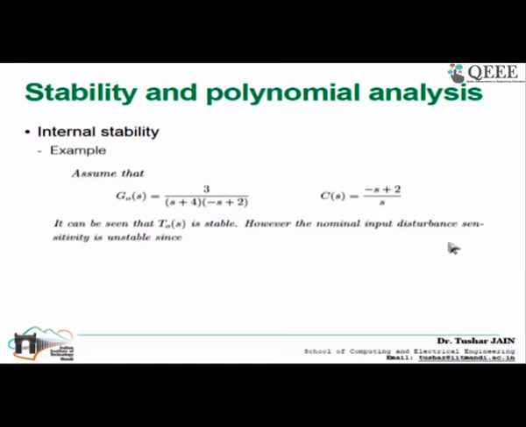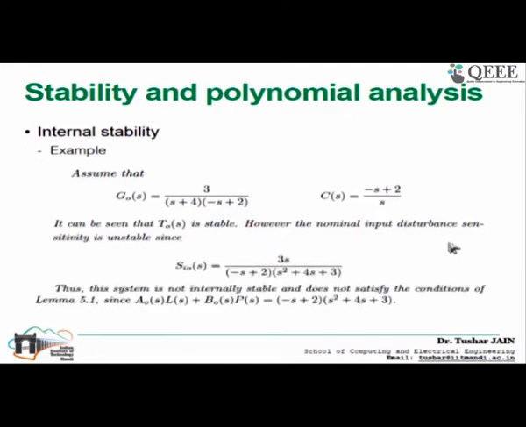The input disturbance sensitivity function S_IO within the gang of 4 has one pole on the right hand side, meaning that this system is not internally stable. You have to visualize all the 8 transfer functions, or at least the gang of 4, to see whether your system is internally stable, not just the transfer function from the set point to the output.